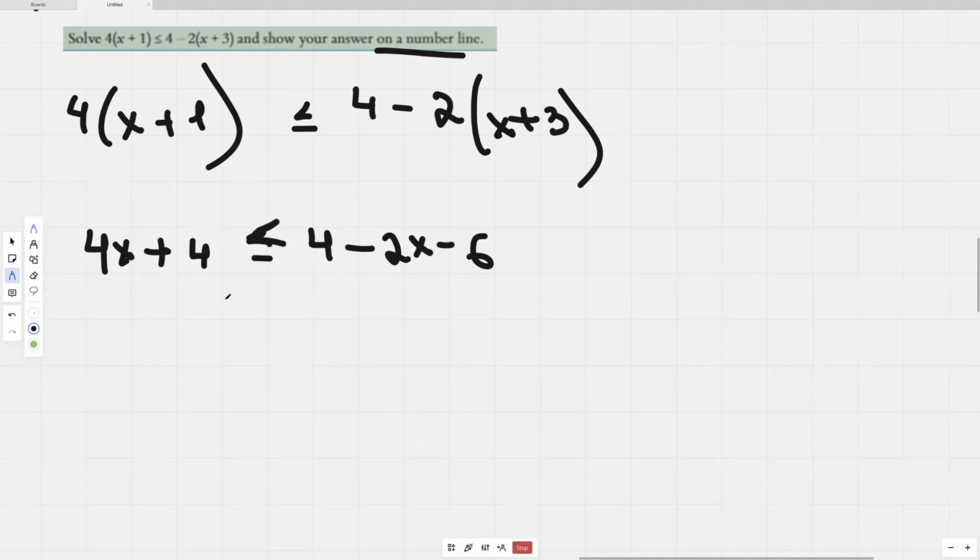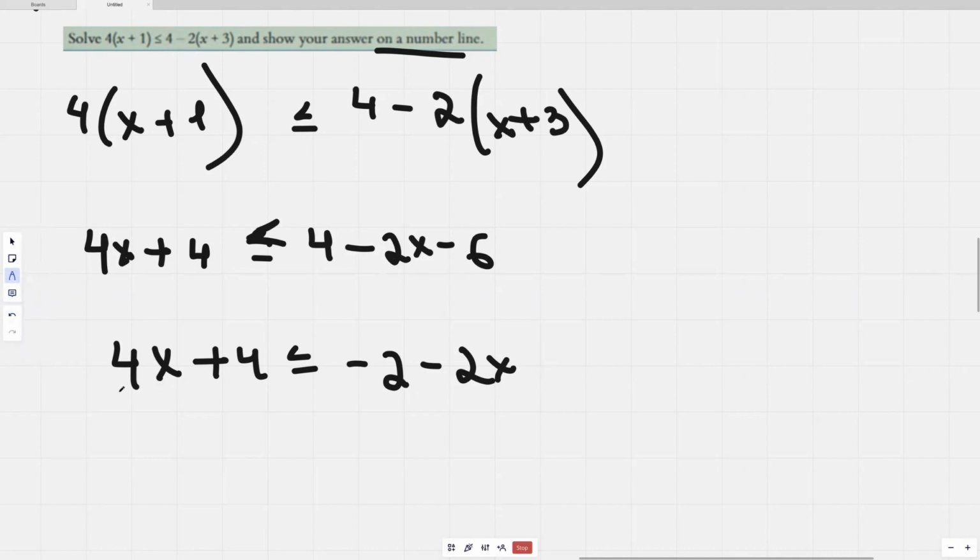So 4x plus 4 is less than or equal to minus 2 minus 2x, because 4 minus 6 is equal to minus 2. So now we have to add the 2x to both sides, because I want to leave only one x, on only one side.